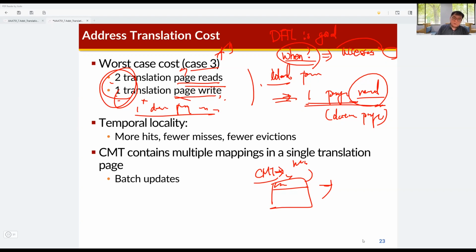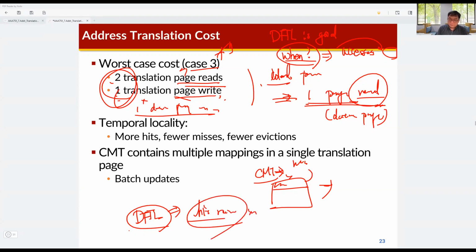Okay, so actually the performance of the Dftl is determined by the hit rate in the CMT. And then the hit rate in the CMT is determined by access patterns to the storage devices.